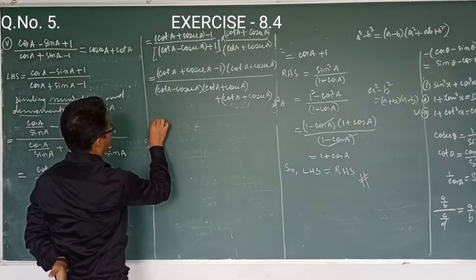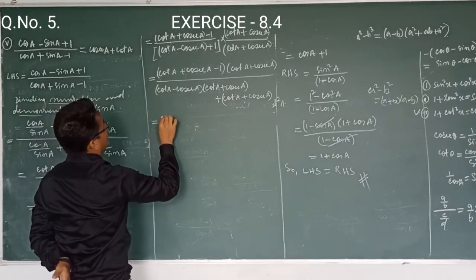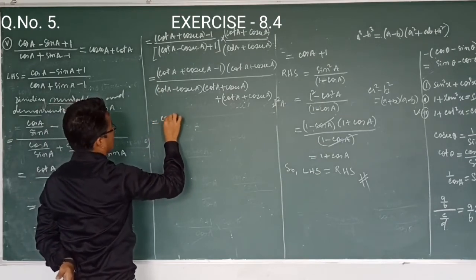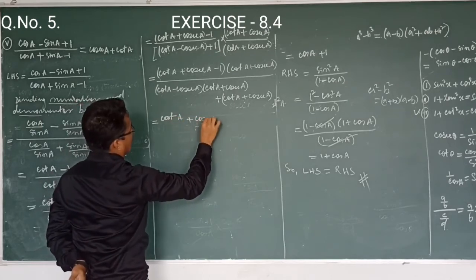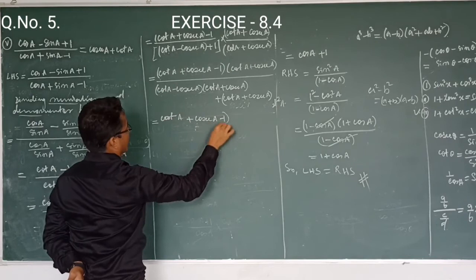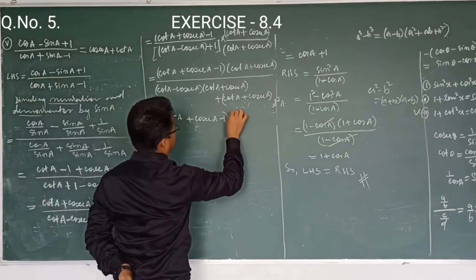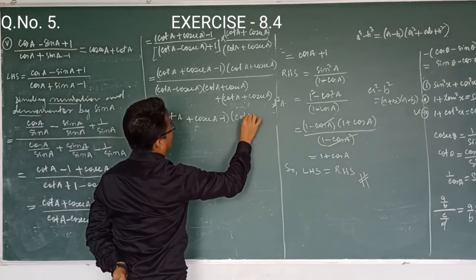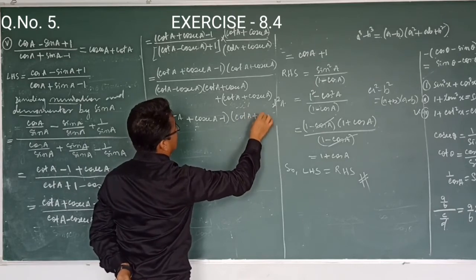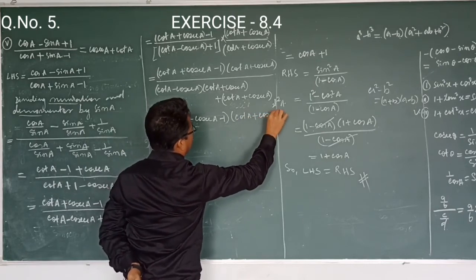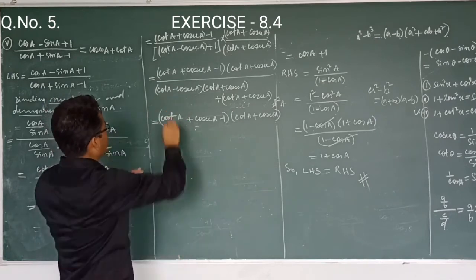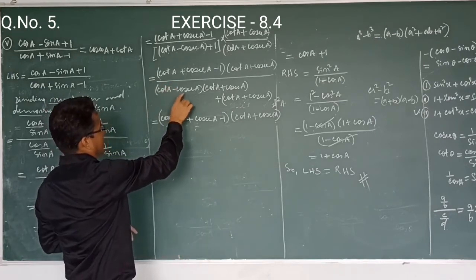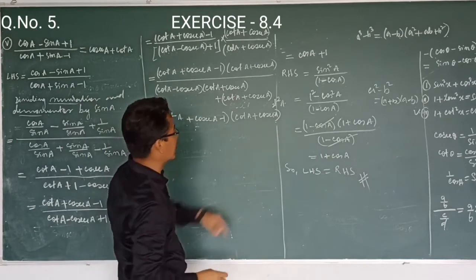Now you see that in this numerator we have cot A plus cosec A minus 1, and this is cot A plus cosec A. Now you will see the A plus B, A minus B formula we use.